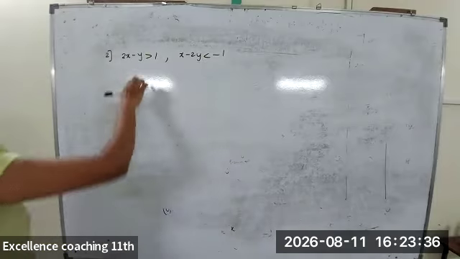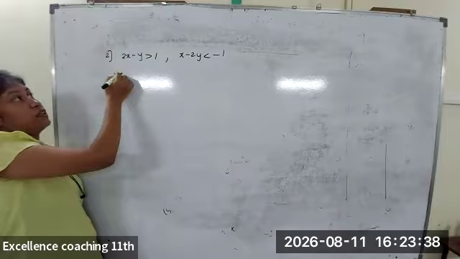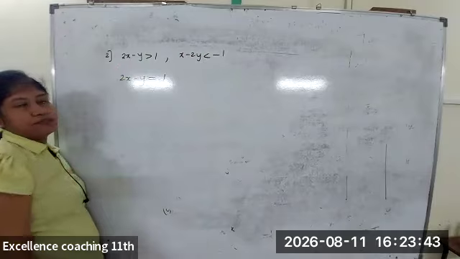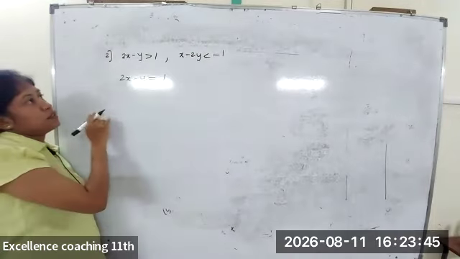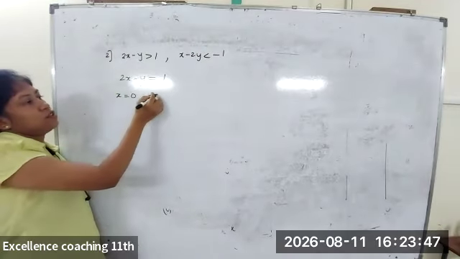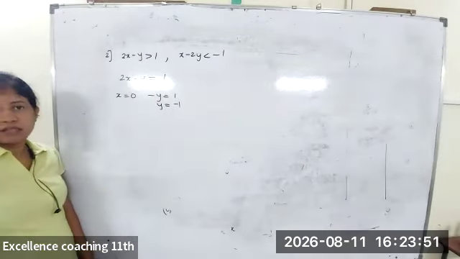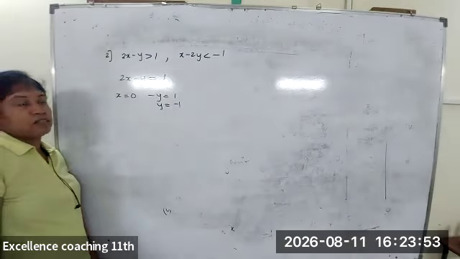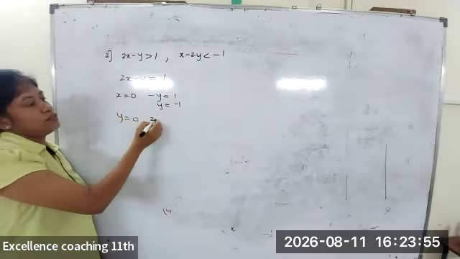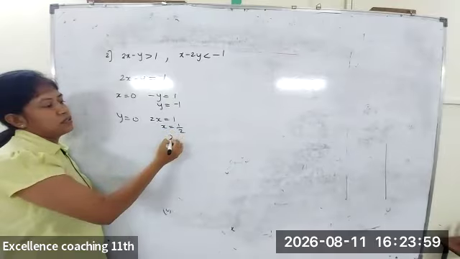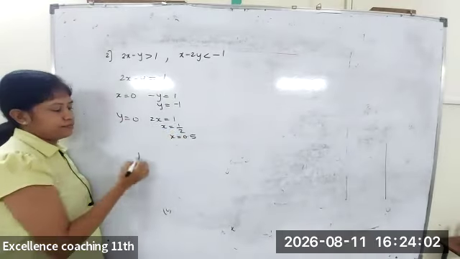While plotting, don't wait, check x anyway. So make it into an equation first. X is equals to 0, y is minus 1. Then put y equals to 0, which gives x as 0.5.